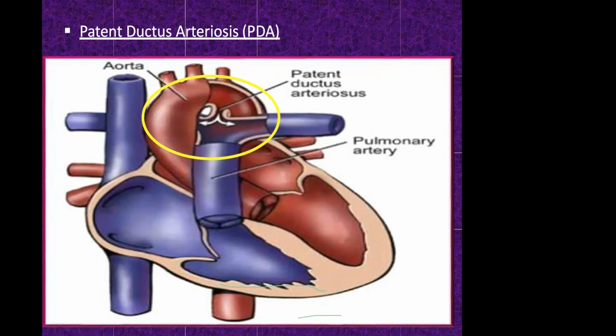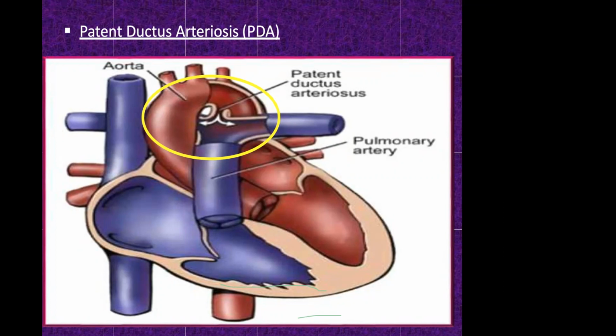What is happening over here is there's failure of closure of the ductus arteriosus. So the ductus arteriosus doesn't close. A lot of times this happens when there is a premature infant or the infant is born to a mother who has had a history of rubella during the first trimester of pregnancy.